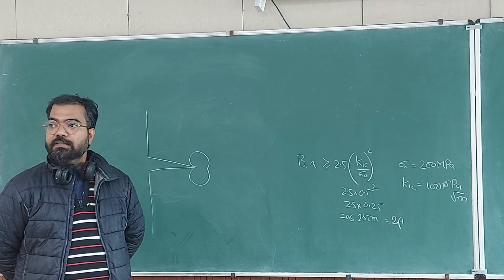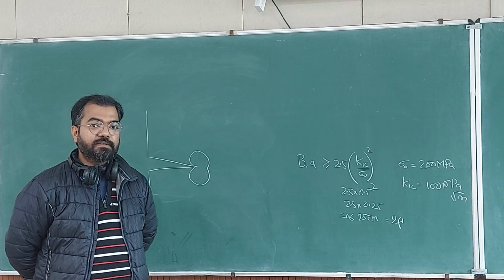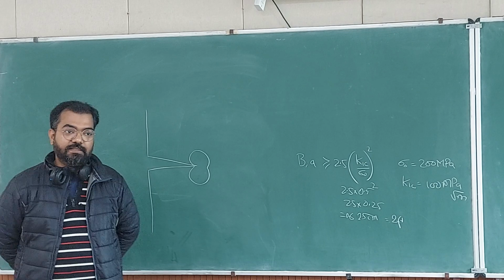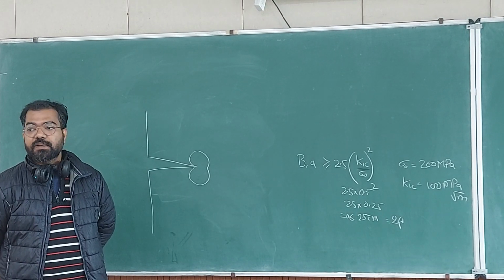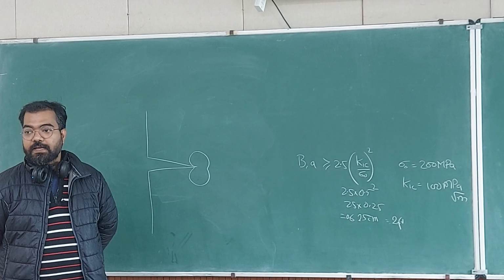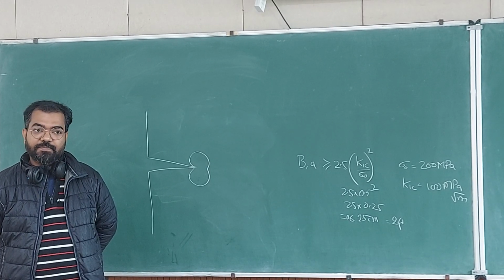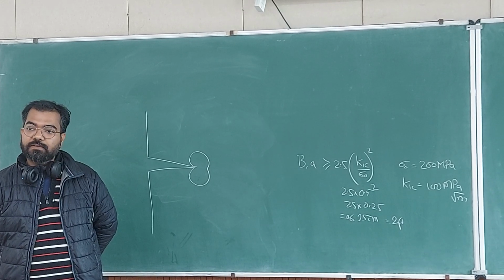The standard is asking us to make brittle materials so that our testing becomes easier. We can follow the standard, but if we follow this, we cannot develop materials. If we develop ductile material, then we cannot test it. So what do we do then?